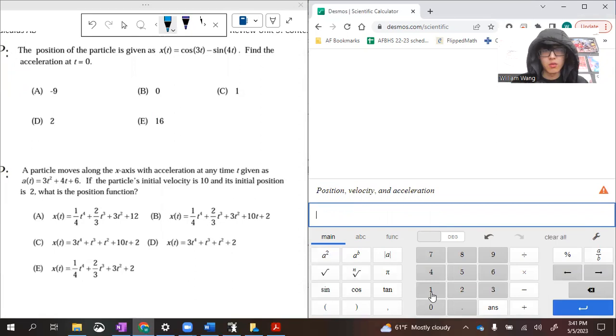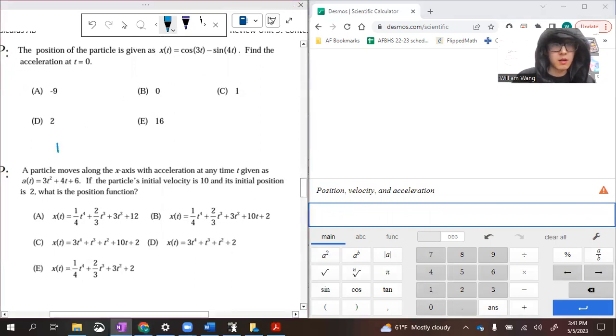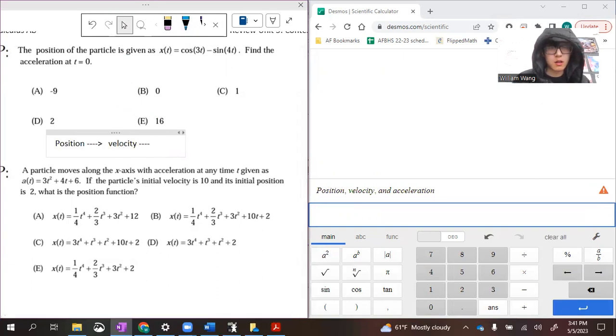So remember, I'm going to write this down actually. Our position, velocity, acceleration.